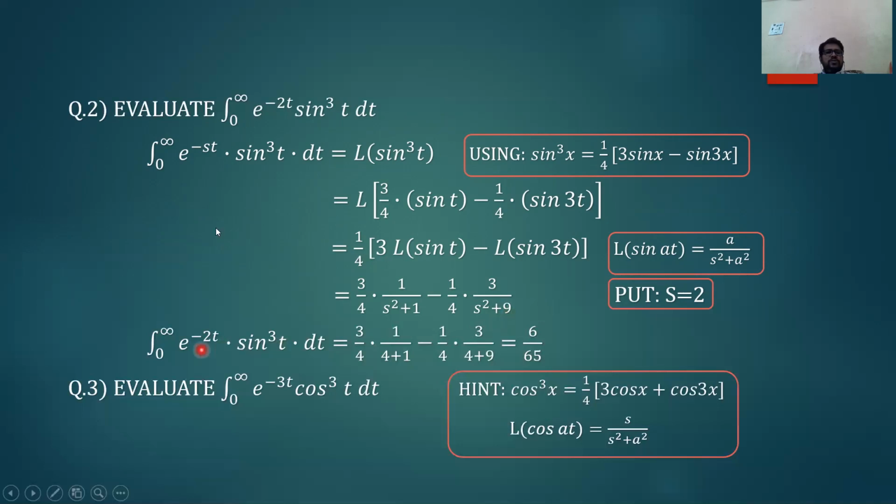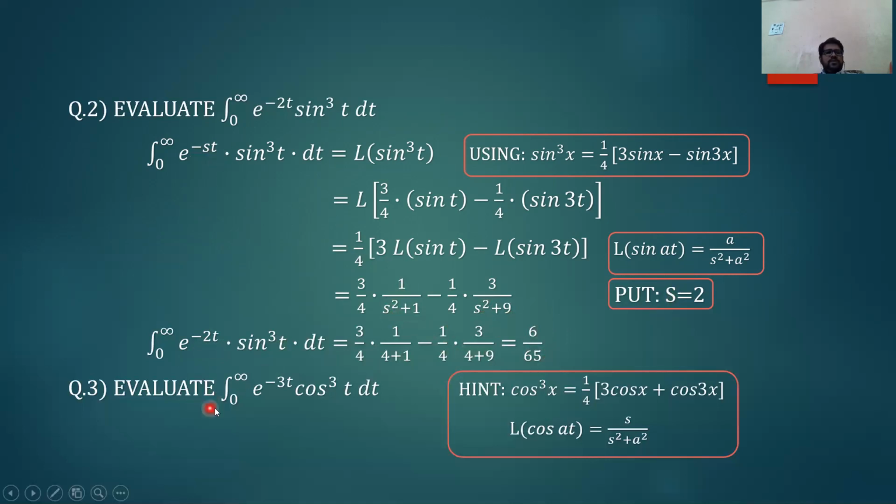Now equate e raised to minus st and e raised to minus 2t. So here s equals 2. Put it over here, 1 by 2, 2 square plus 1, and here 2 square plus 9. After the simplification of this step we get 6 upon 65.